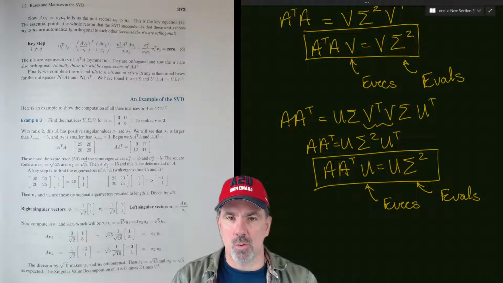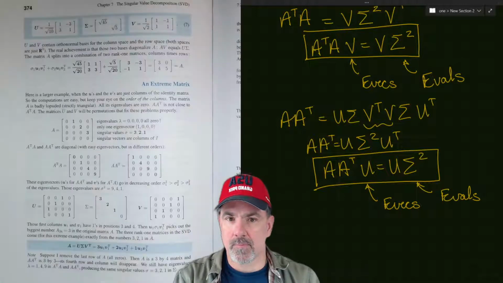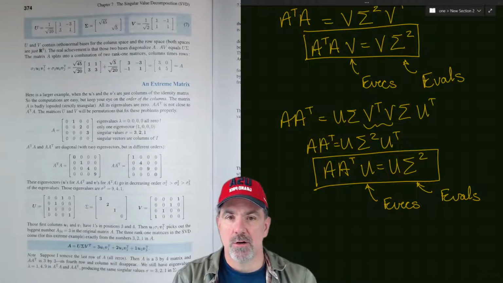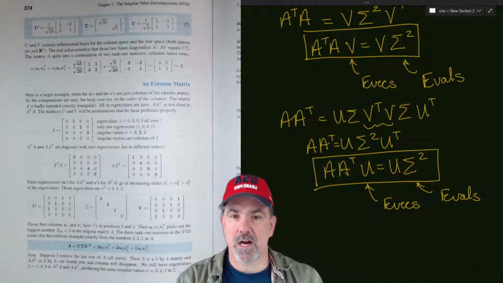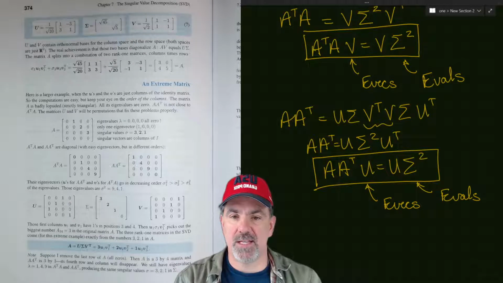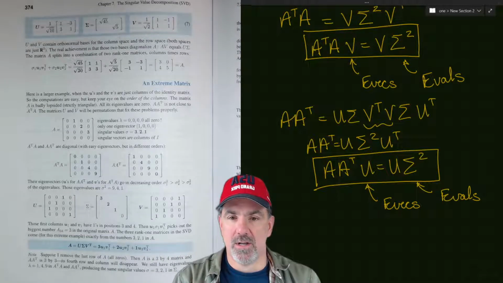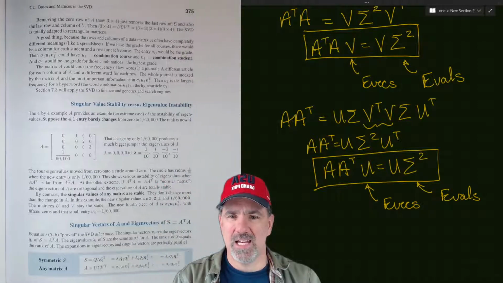And then he also walks through an example. I'm going to leave that for you to take a look at. The next piece here on 374, he talks about what he refers to as an extreme example, an example with a zero singular value and a zero eigenvalue, and then relates how the singular value decomposition and the eigenvalue decomposition are different but related.